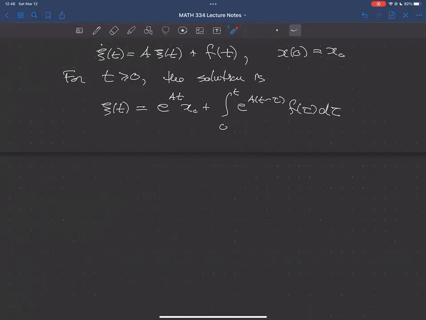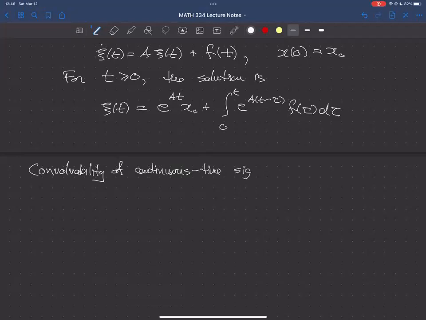Okay, so convolvability of continuous time signals.